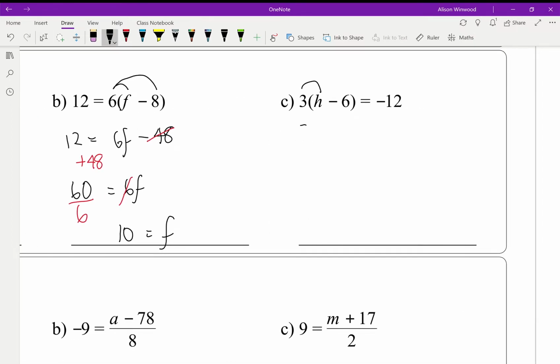Expand the bracket first. Opposite of subtract is add. Opposite of multiply is divide.